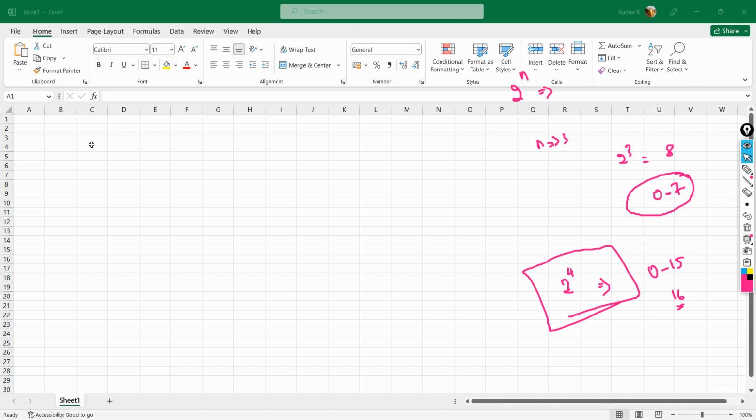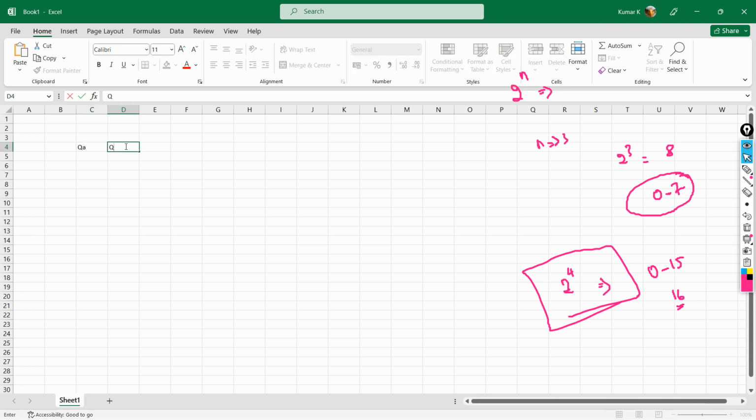Say now you have QA, QB, and QC. That's your 3 bits, currently, assuming. Say this is 0, 0, 0, and then you have 1, 1, 1.